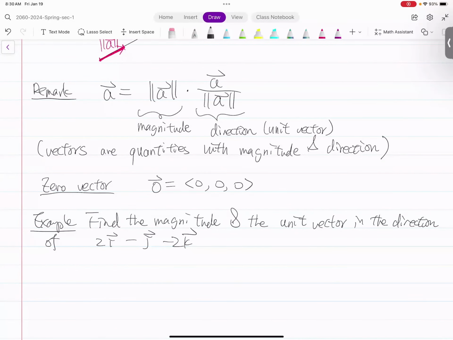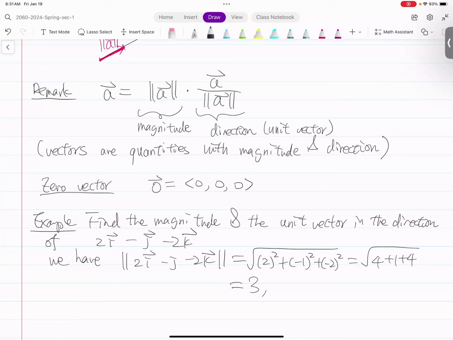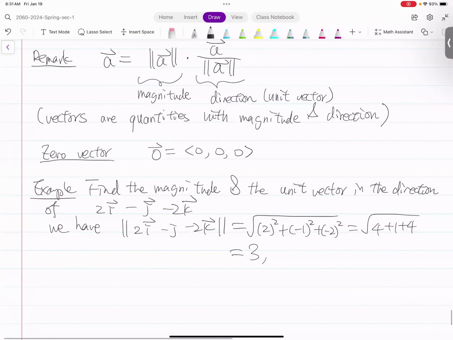The second component is -1 squared. The third component is -2 squared. So under the square root we have 4 plus 1 plus 4. So eventually you will have the square root of 9, which is 3, right?